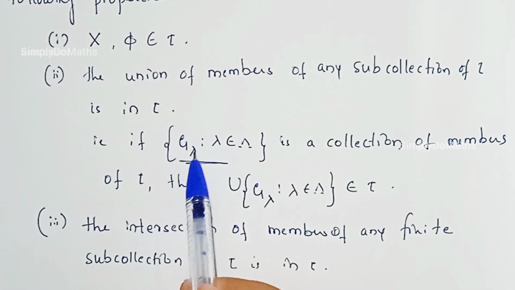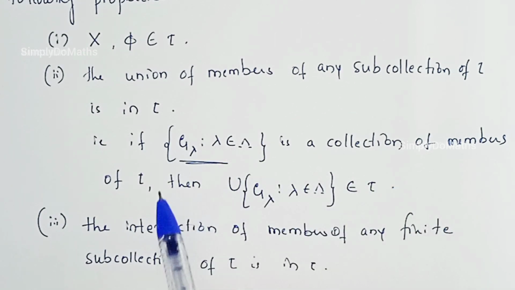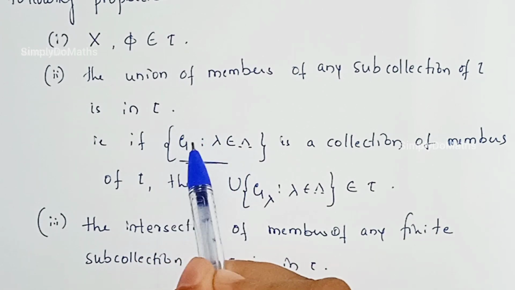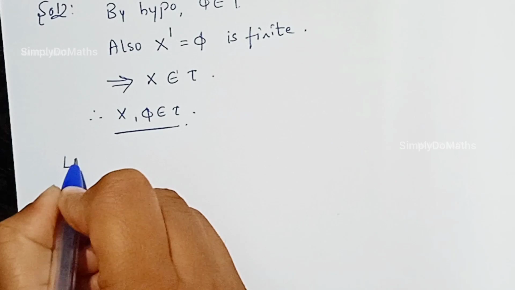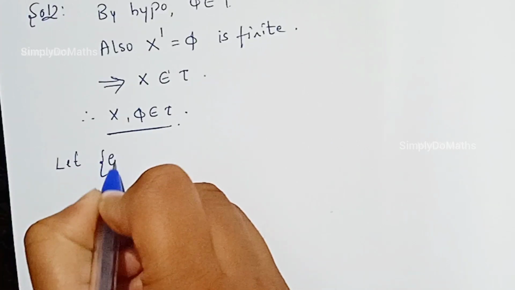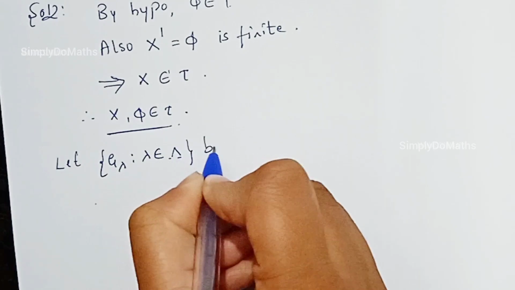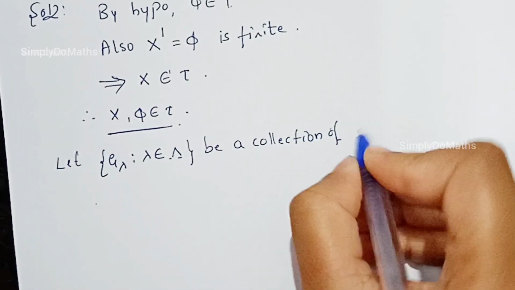If the set G lambda, provided this lambda belongs to index set, is a collection of members of tau, then union of this G lambda, collection of members, should belong to tau. This is the second property of topology. Right, let's prove this. Let us consider the set G lambda, provided this lambda belongs to index set, be a collection of members of tau.